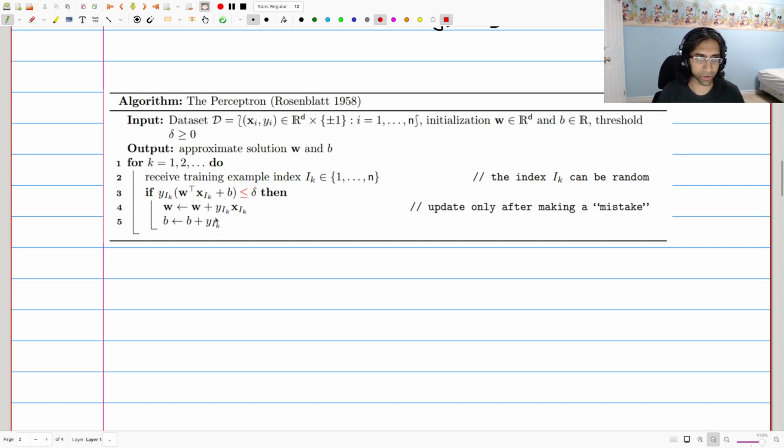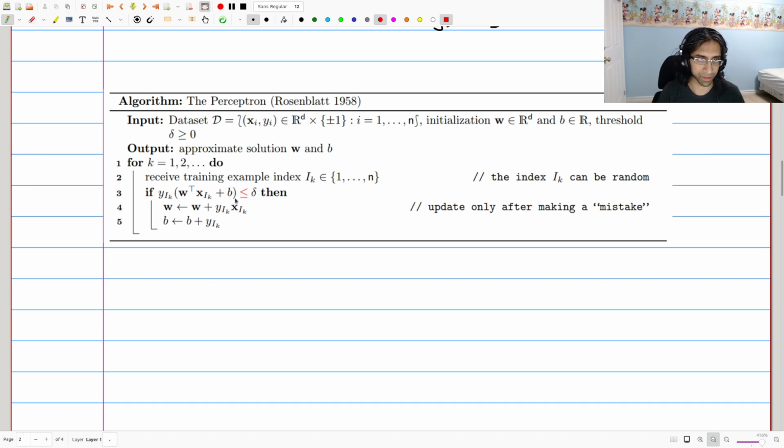What you're going to do is take the inner product of your point with the current weight vector, add on the bias term, then take the product with the label, and check whether this is negative, or less than some threshold delta.